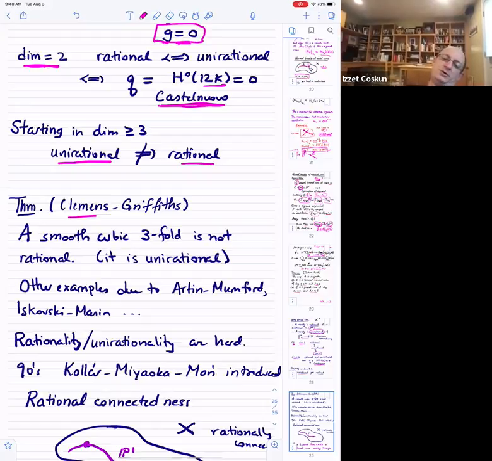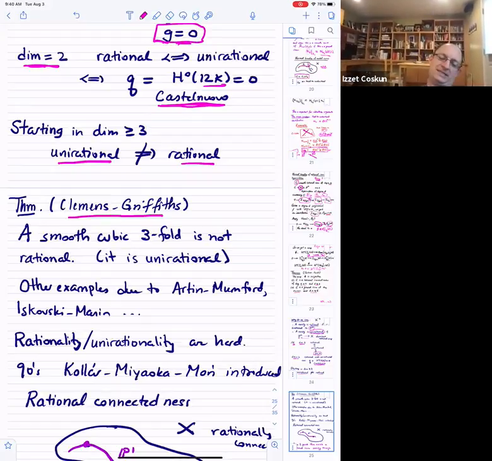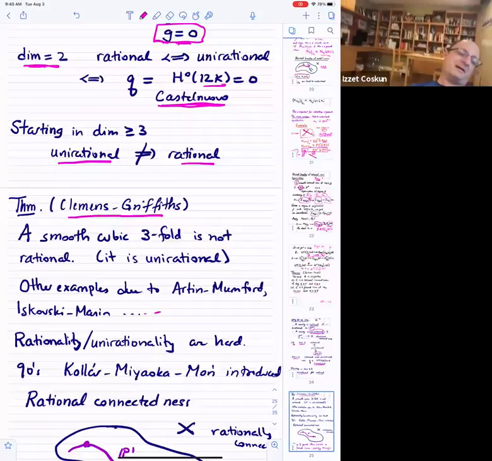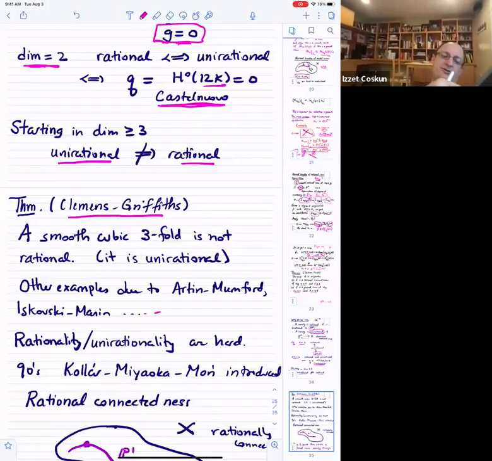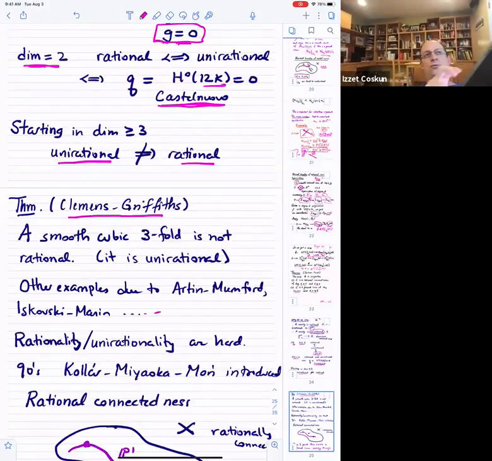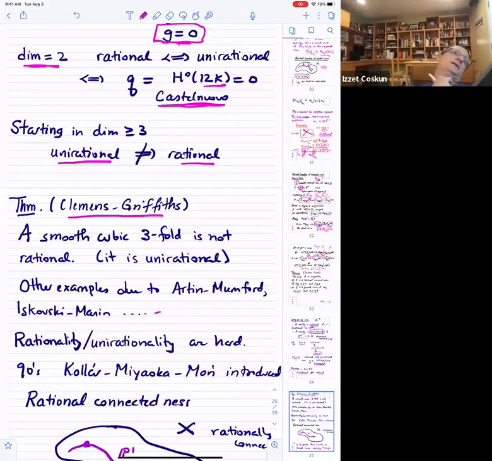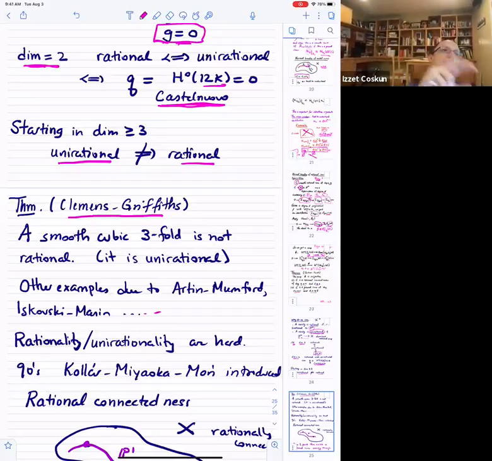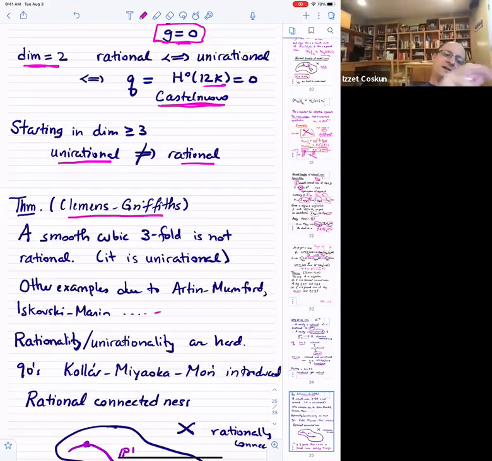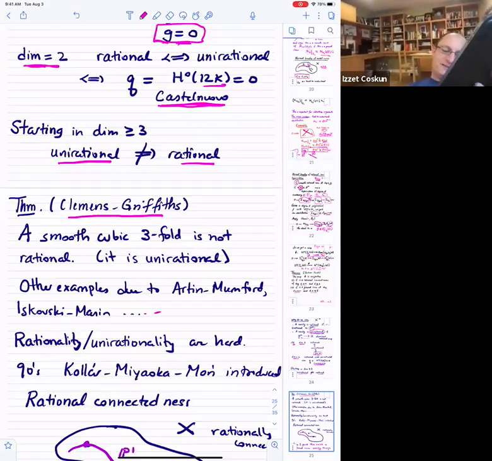You might have heard of the Clemens-Griffiths example, which says that a smooth cubic threefold is not rational, but it is unirational. There are other examples due to Artin and Mumford or Iskovskikh-Manin, and a whole slew of these examples. Especially recently, due to work of Voisin, Colliot-Thélène and Pirutka, Schreieder and many people, this field is getting a lot of attention.